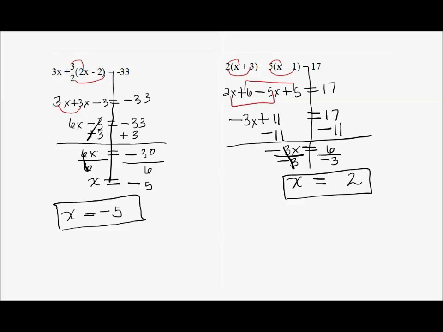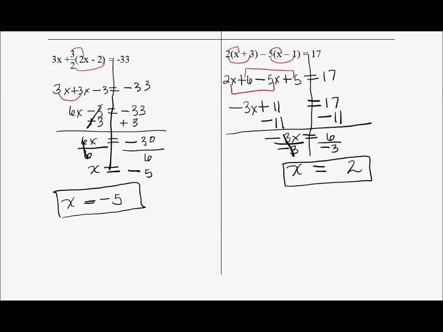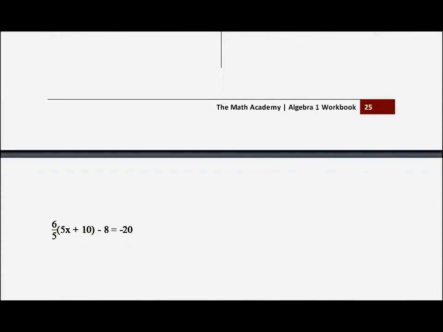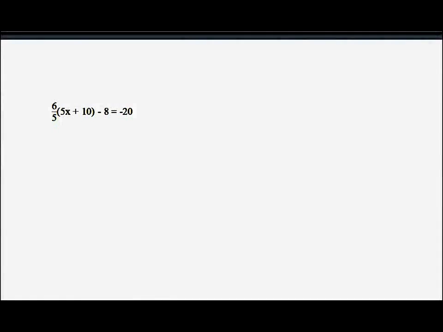Okay, gonna go down to my next problem. It's the same process. I start off, I see that I have to distribute this 6/5 to 5x and also to 10. So when I do that, 6/5 times 5x will simply give me 6x.